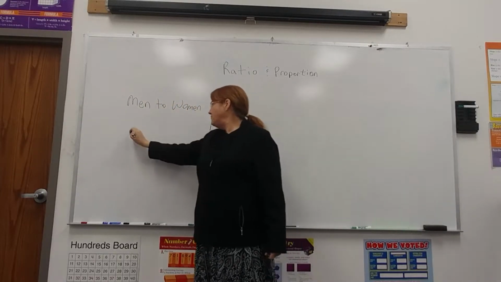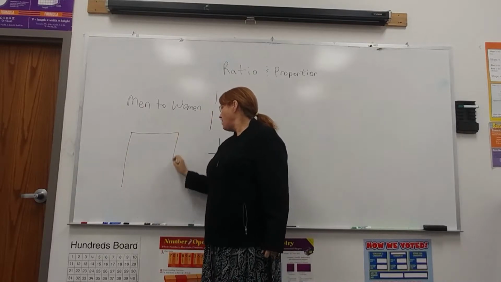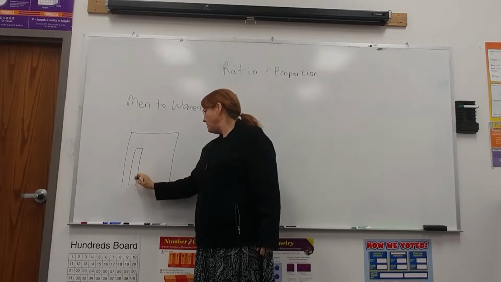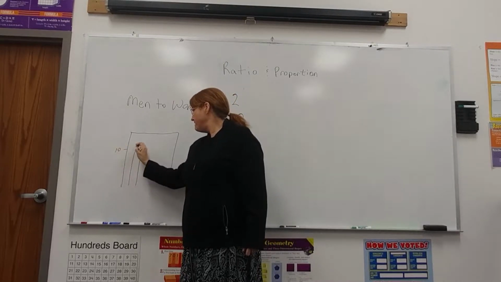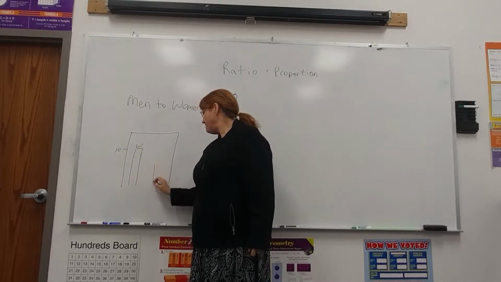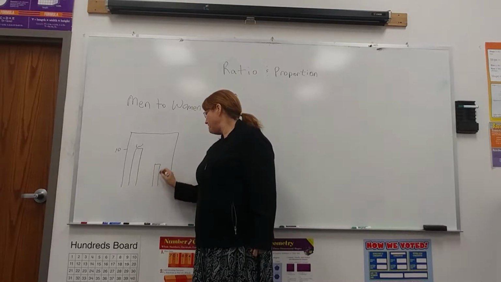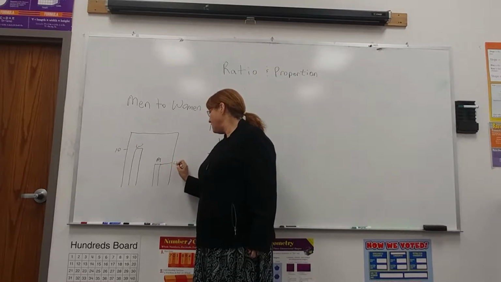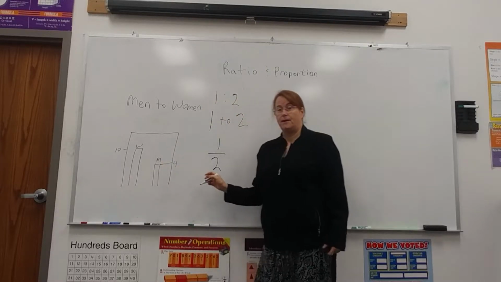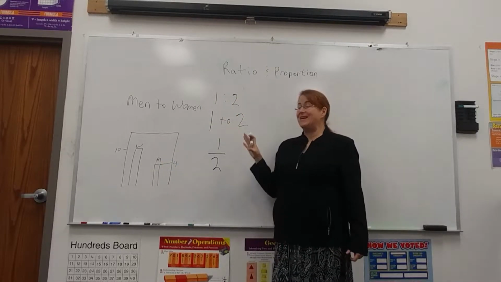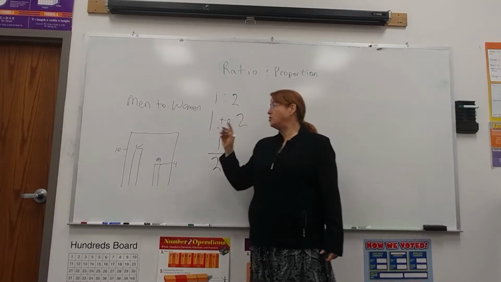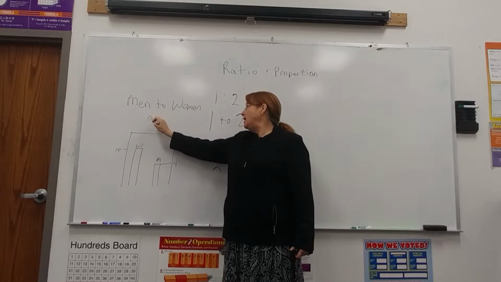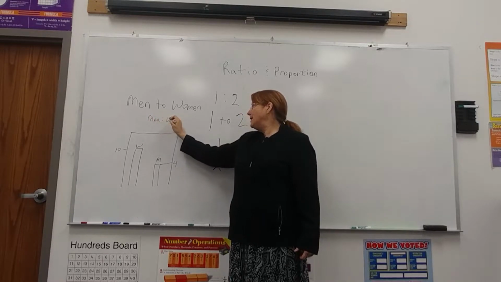But the graph they give you might be women to men. So you have to make sure, as you're taking notes when you're reading your word problems, you write men to women.